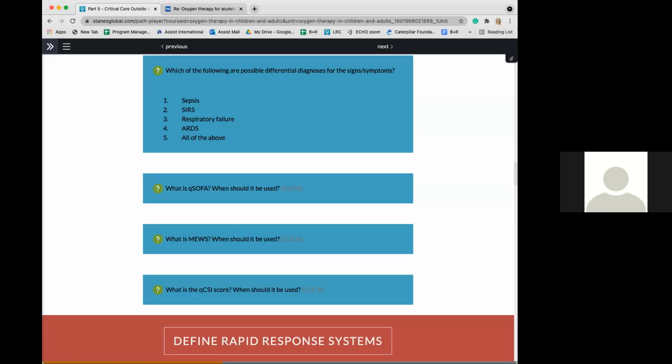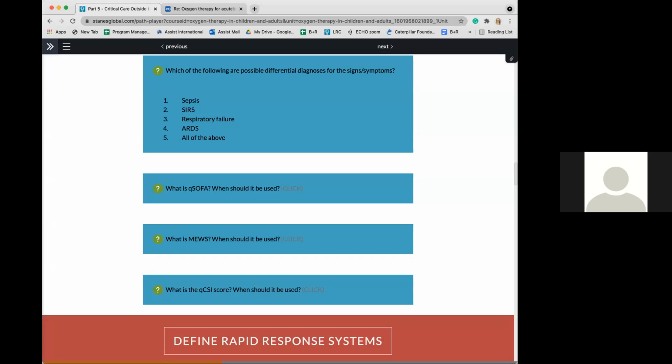So you relate the score to guidelines. Depending on the score, you'll be able to institute a particular response. And these responses may, for example, include calling for senior help. It may be calling for rapid response teams for those facilities or hospitals with established rapid response teams.